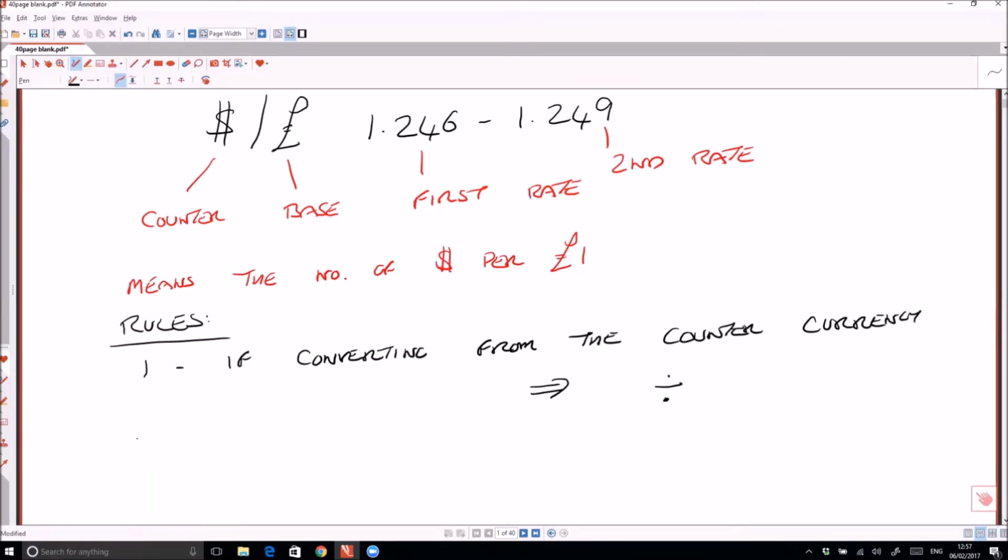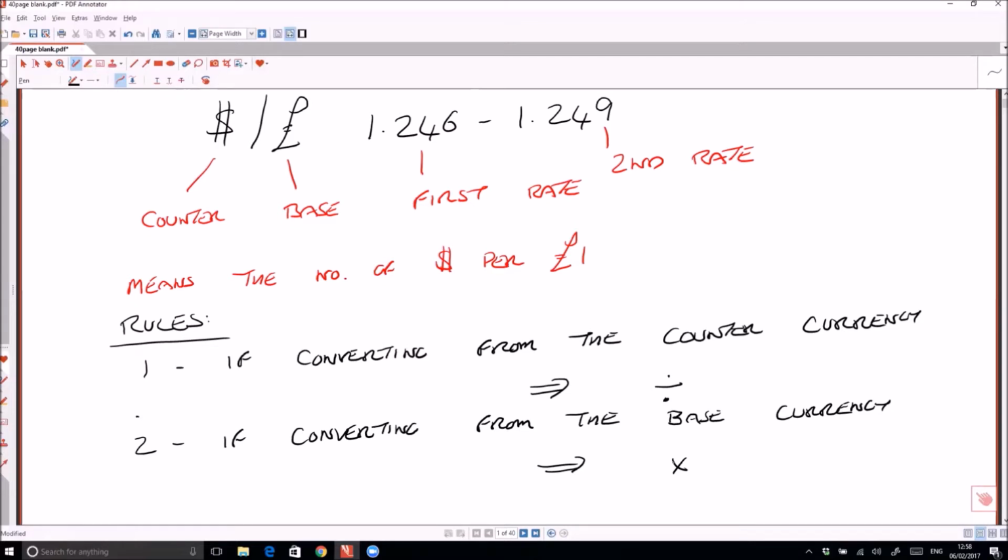And equally, what's rule number 2? Well, fairly obviously, it's the opposite. If you're converting from the base currency, therefore, we multiply.